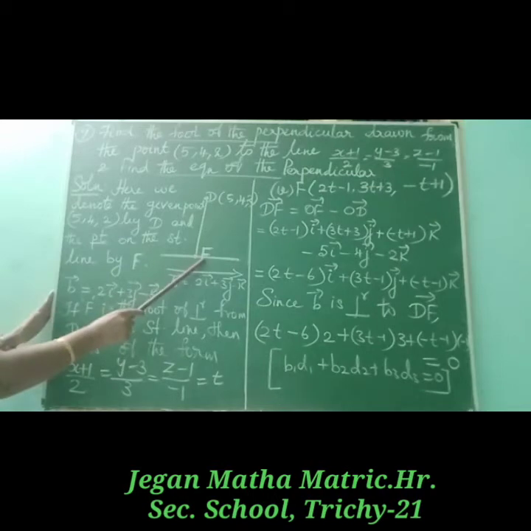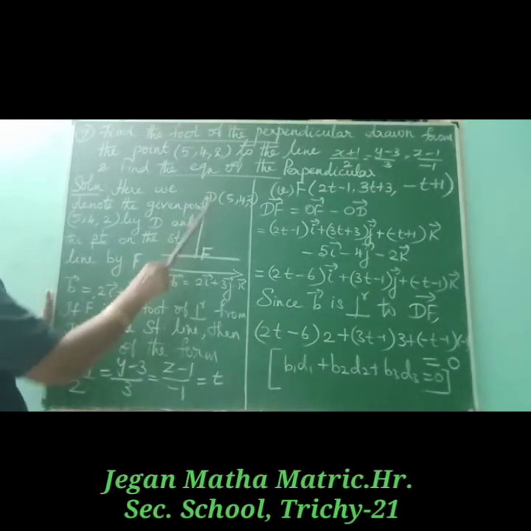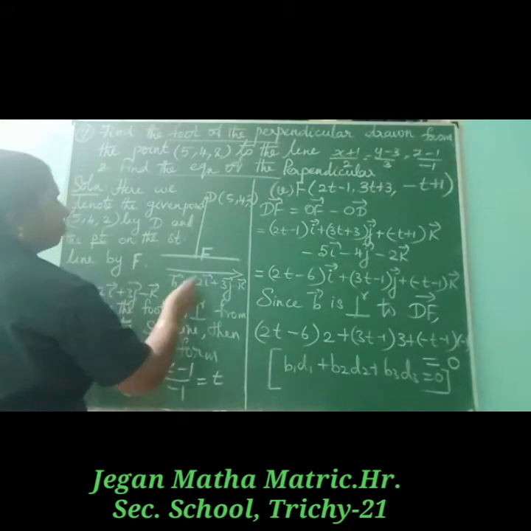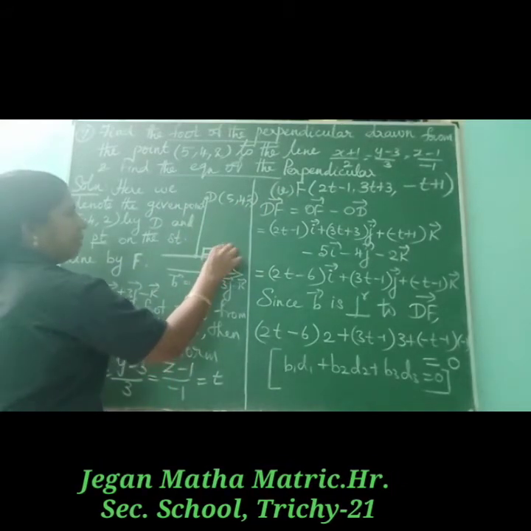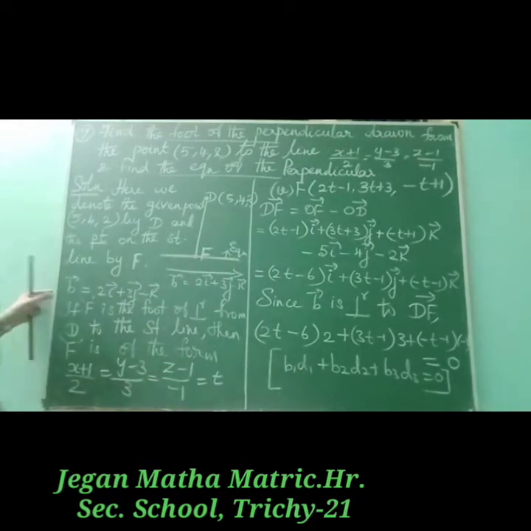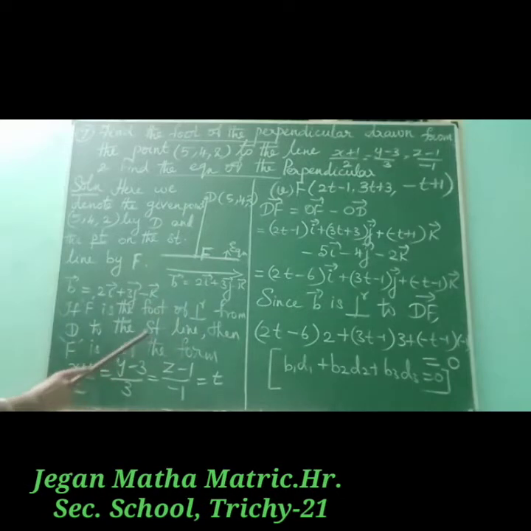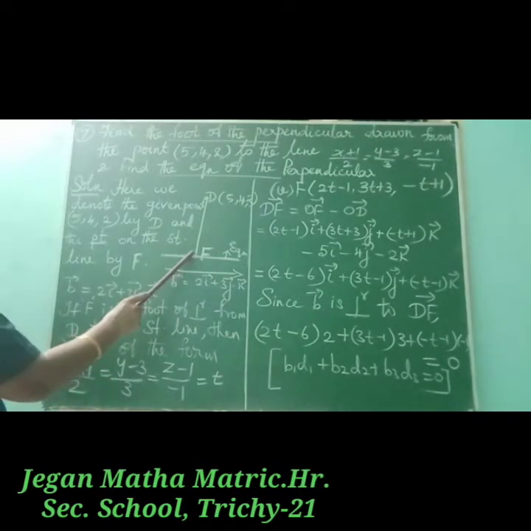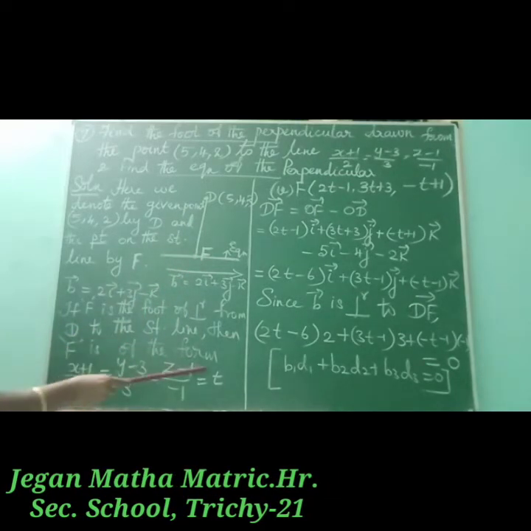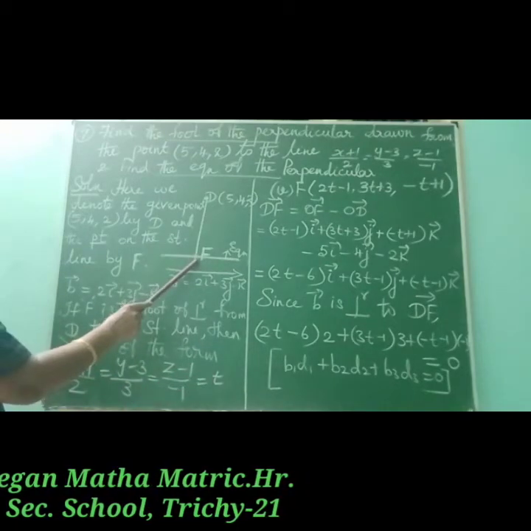If F is the foot of the perpendicular from the point D to the given straight line, the equation of this line is given. If we want to find the point F from this equation, we can find it.